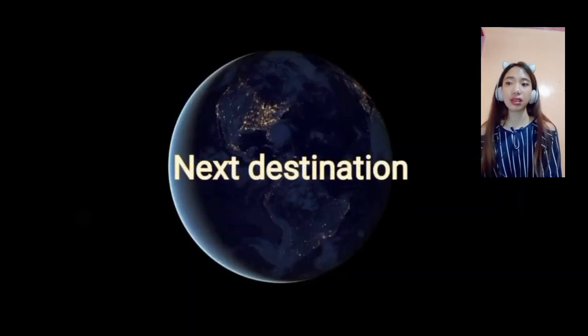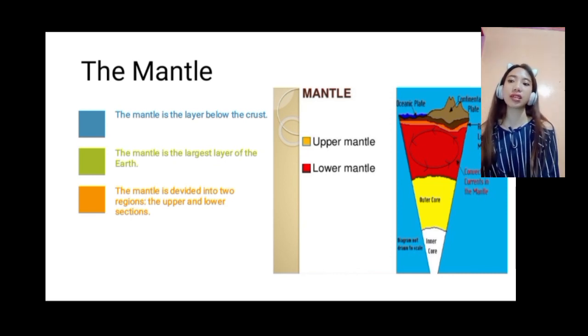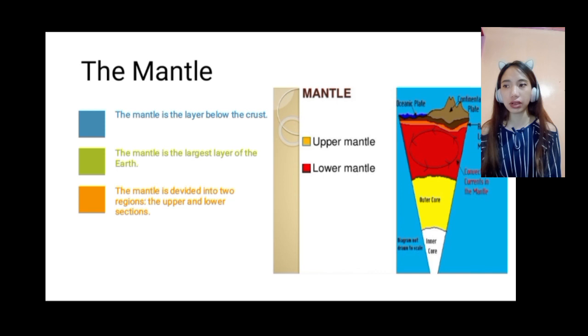Moving to our second destination, the mantle. It is composed of silicate minerals and is known for its high temperature and ability to flow slowly due to convection currents. The movement of tectonic plates is related to convection currents in the Earth's mantle.